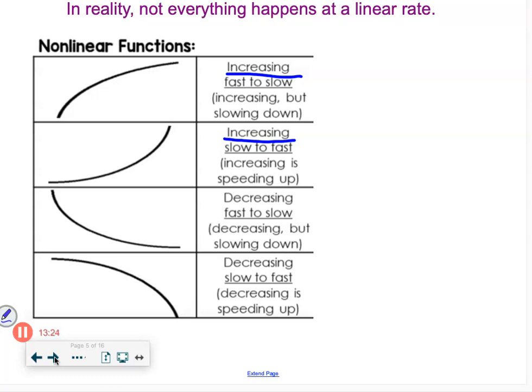So anyway, how do we describe this? This is increasing, but it's slowing down. This guy's increasing and it's speeding up. When you increase but you're slowing down, what ends up happening is your slopes actually get smaller.